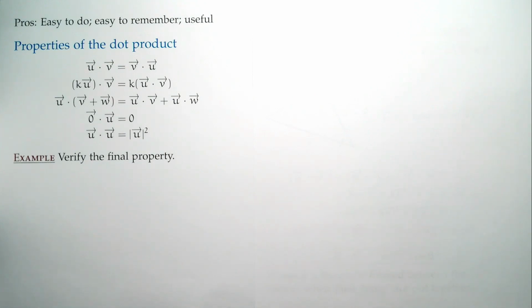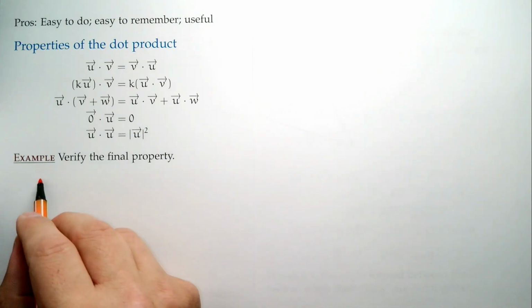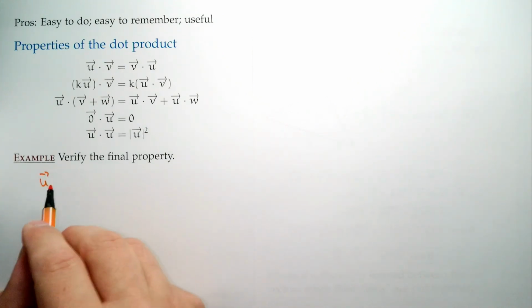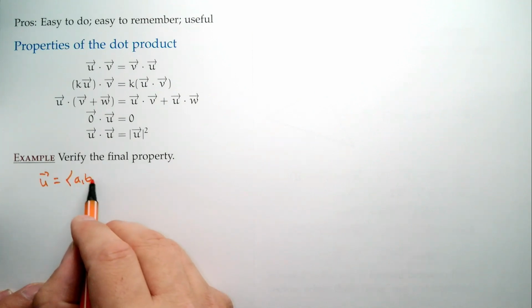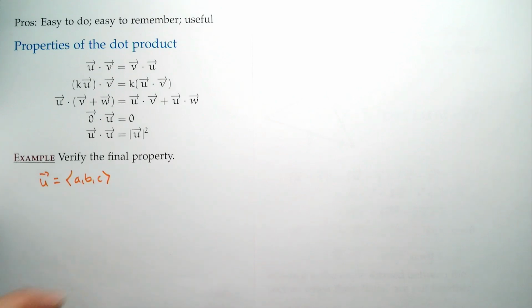Now this is why we're starting to hint at a geometrical meaning when we say it's useful. So we want to verify the final property. This is not a very hard thing to verify. You just pick a generic vector. Not everything has to be 3D, but we'll just give an example in 3D. So here's our vector u. The vector u is a, b, c.